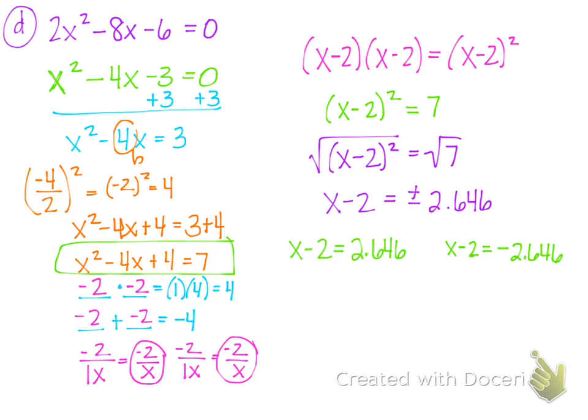Alright, so if we add 2 to both sides, we get x is 4.646, and this one is 0.646. So our two solutions are 4.646 and 0.646.